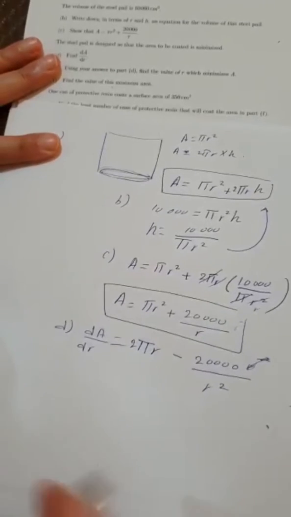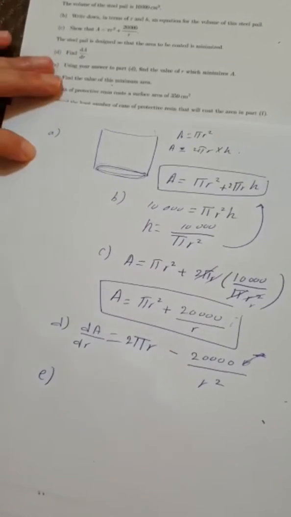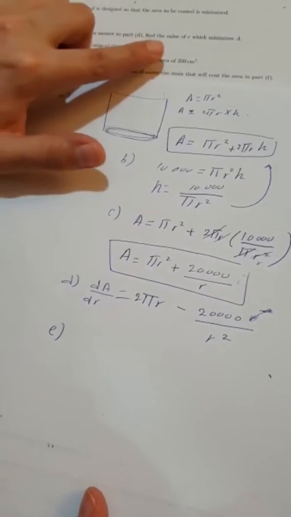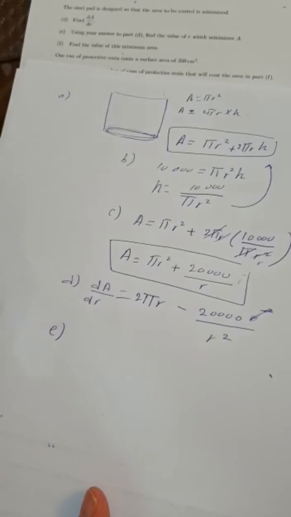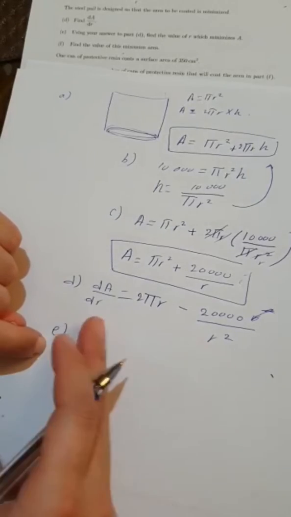Okay, going for part E in this question, using the answer to part D, find the value of r which minimizes the area. So we need to minimize the area. This means I need to put the derivative of this area equal to 0.